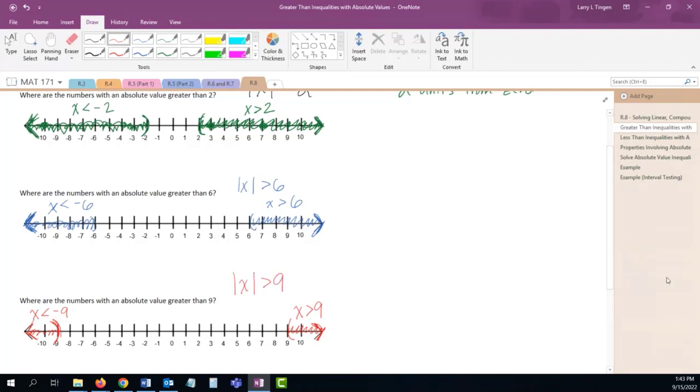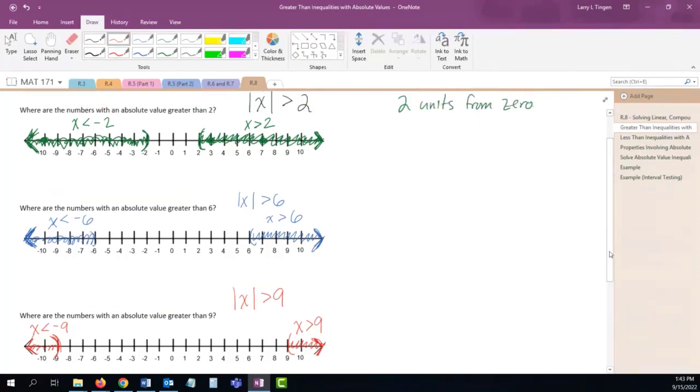Okay. What do these look like graphically? Whenever you've got absolute value, and I have x in there right now, but it could be anything with x. It can have multiple terms. It can have as much as it wants to inside. If I have some algebraic expression with x inside that absolute value, my solutions are always going to look like this.